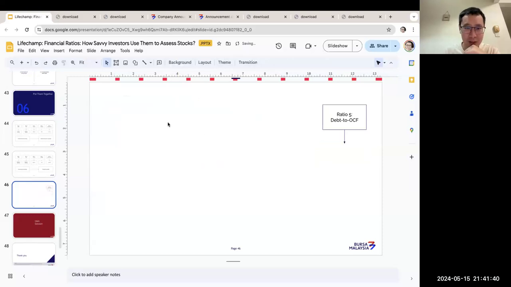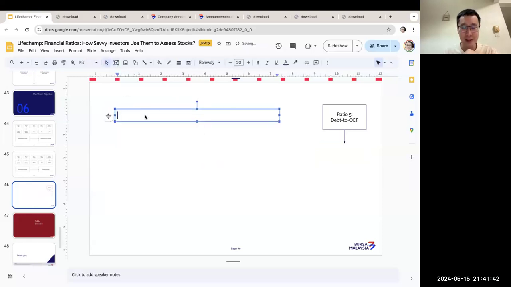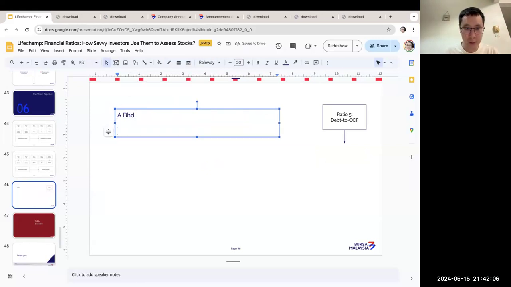Okay. Supposedly, we have A Berhad. Let's say I'm the only shareholder of A Berhad. A Berhad has two subsidiaries, A1 Berhad and A2 Berhad.